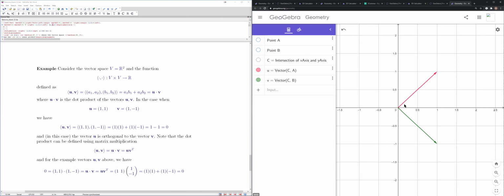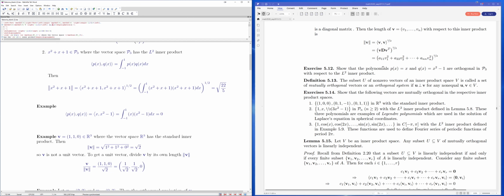Now that idea of 90 degrees, strictly speaking, only really holds if you're talking about the standard inner product. So let's see an example of orthogonality for something that is not the standard inner product. Take the vector space of polynomials.